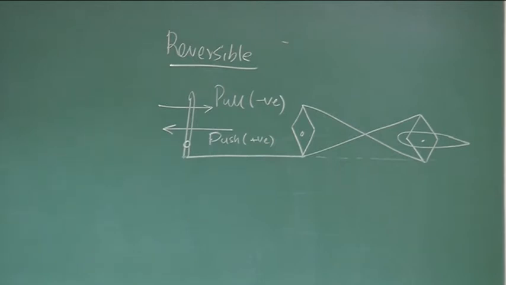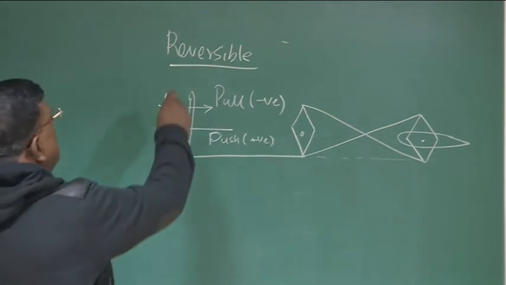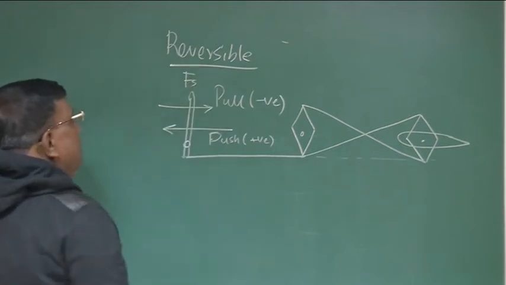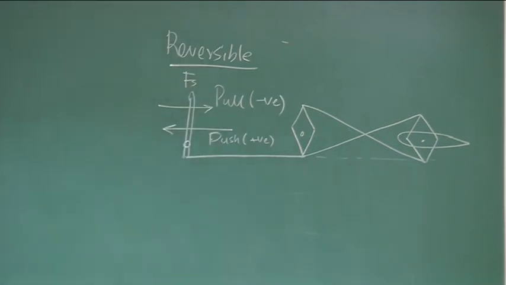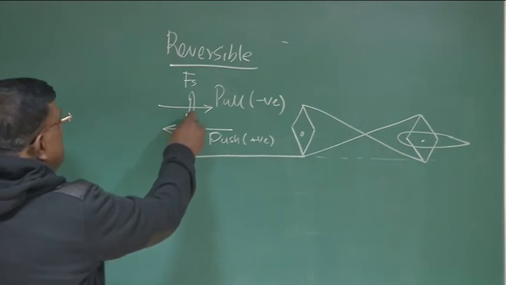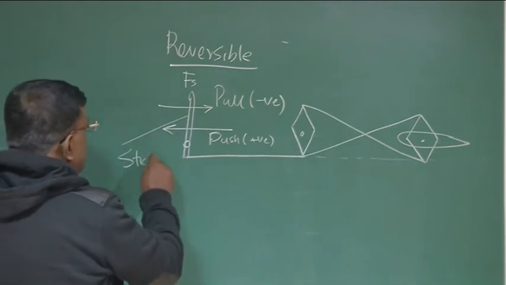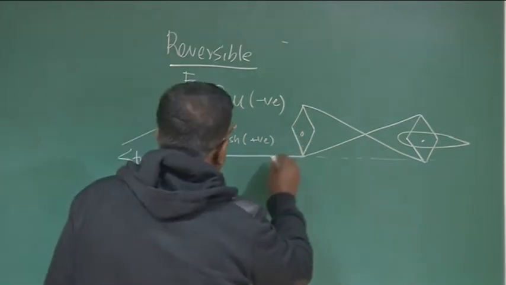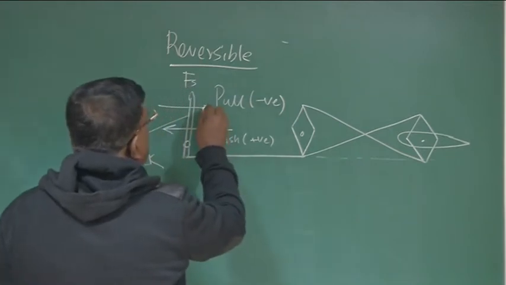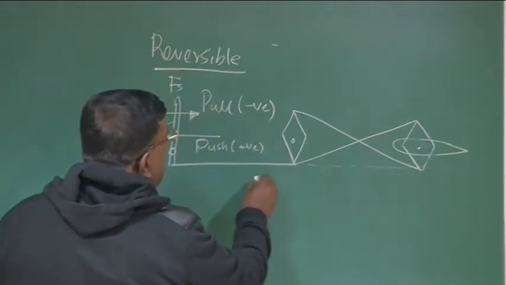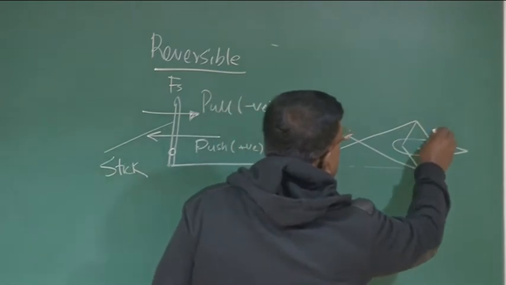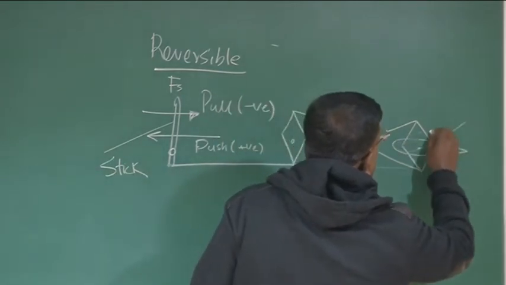To appreciate the stick force, let us see this simplified diagram. This is the stick, and through a lever, if I pull this stick, then this elevator will go up like this.